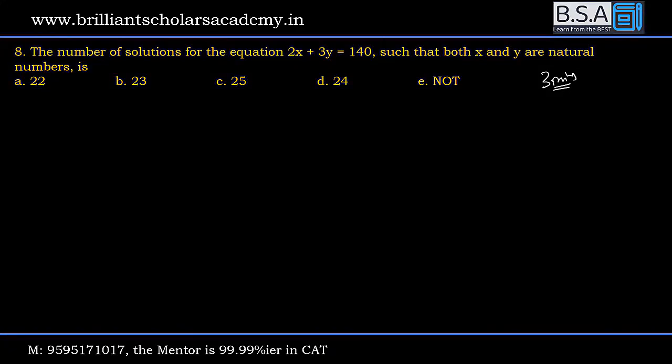We want x and y both to be natural numbers. What if I tell you ये 3 step का question है?